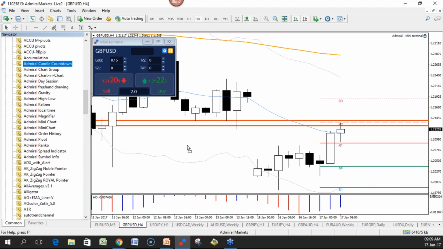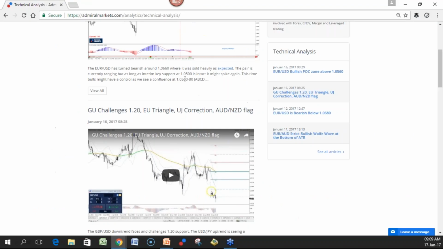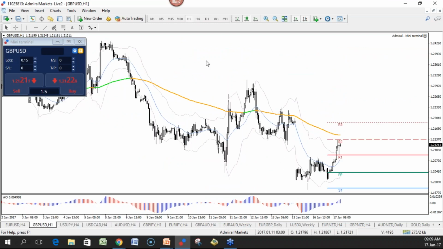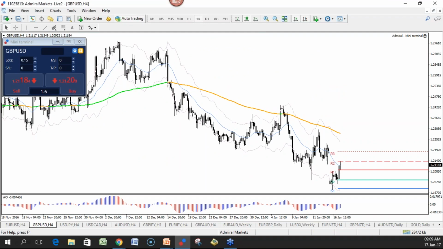At the candle countdown, that's also part of the MetaTrader 4 Supreme Edition. Sorry, folks, I wrong-clicked there.